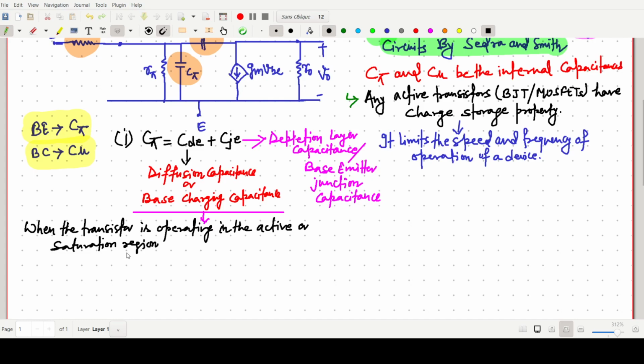So when the transistor is operating in the active region or saturation region, there must be some minority charge carriers present, or we can say stored, in the base region.